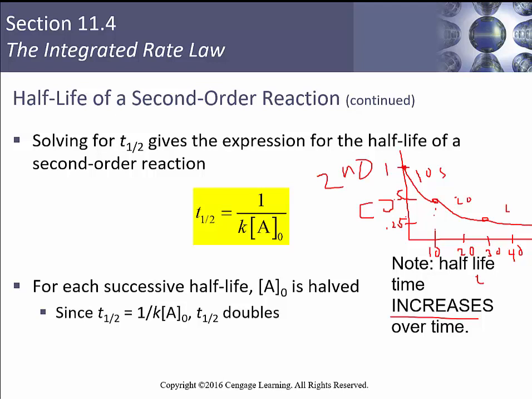And our third half-life should take us 40 seconds. So our half-lives are going to stretch out if we have a second order reaction. Again, you can look at that and say, okay, if I can measure where my half-lives are, I might be able to tell if I have a second or a first order, where my second is going to flatten out faster because my half-lives stretch than it would with my first order.